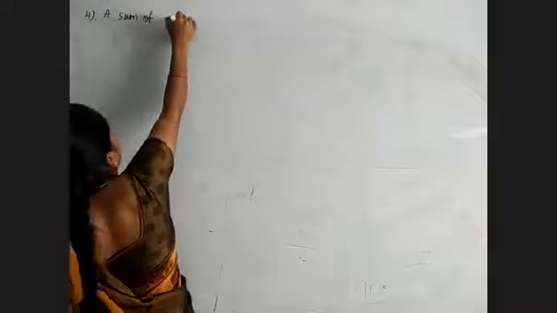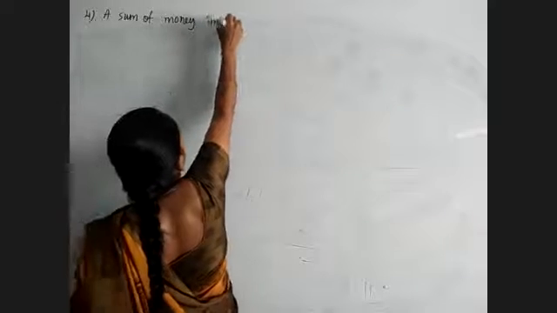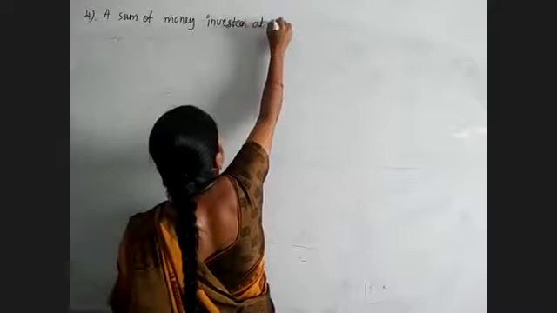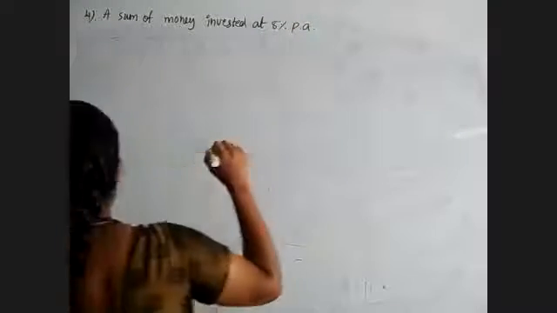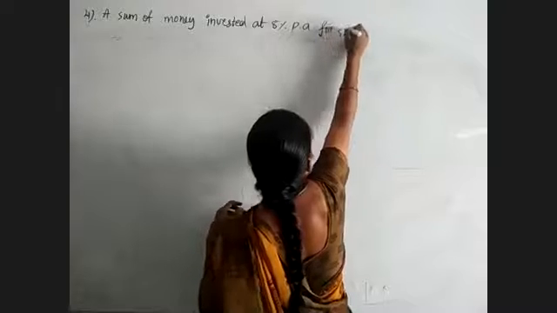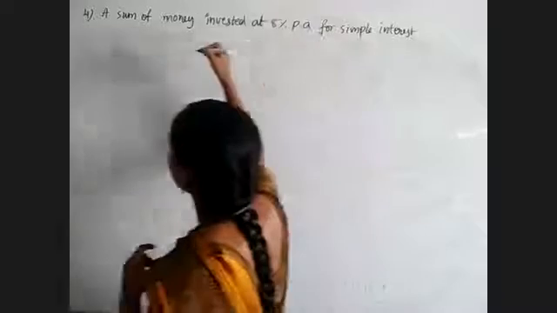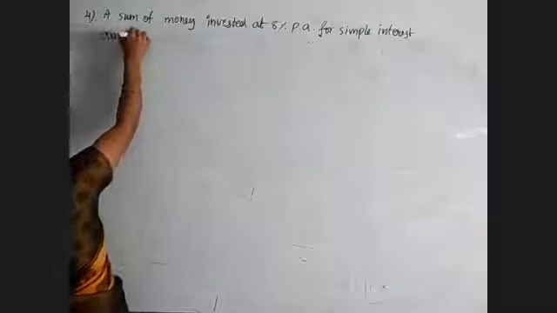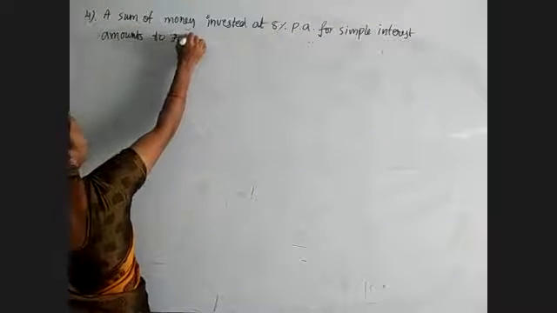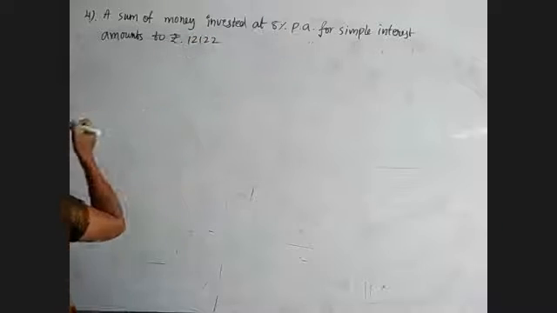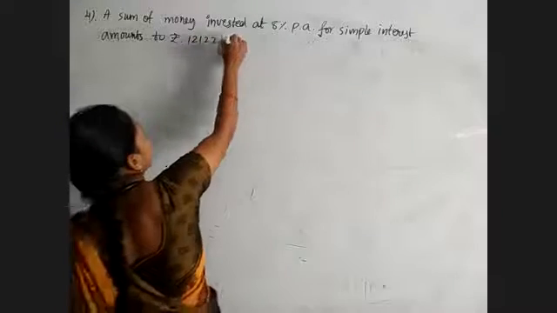Once again, observe the question. With the question I am writing: a sum of money invested at 8% per annum for simple interest amounts to 12,122 rupees in 2 years.